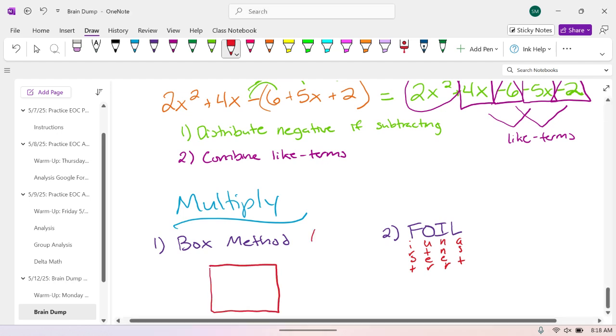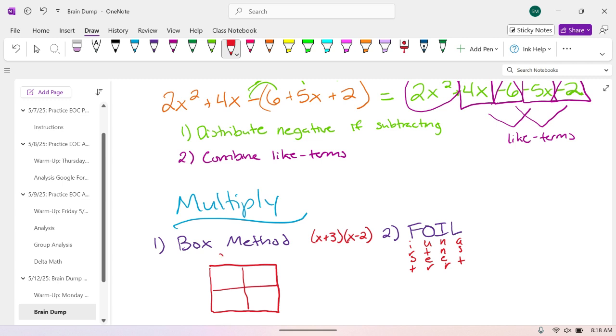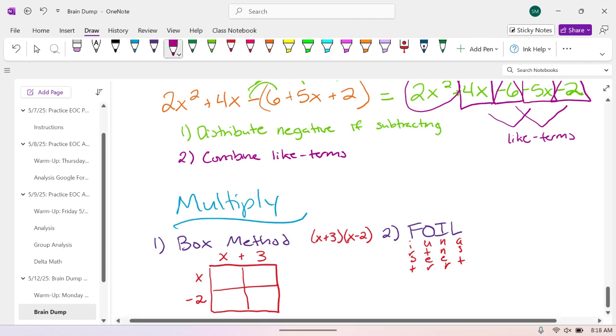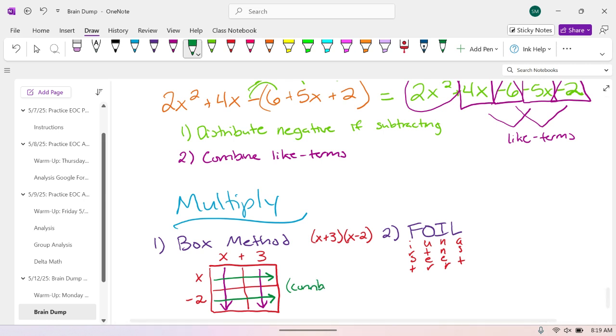Then for either of these, let's say you had x plus 3, x minus 2. If you're using box method, you would multiply columns by their rows. And then combine like terms.